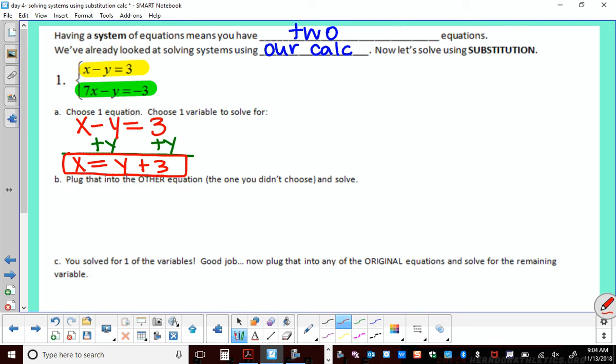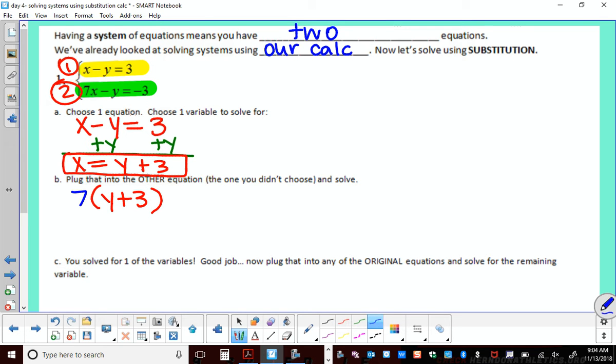So we're going to plug that into the other equation. So if this is equation 1, we're going to plug equation 1 into equation 2. Okay? So that means that I have 7x, but instead of x, I'm going to write y plus 3, because that's what x equals.